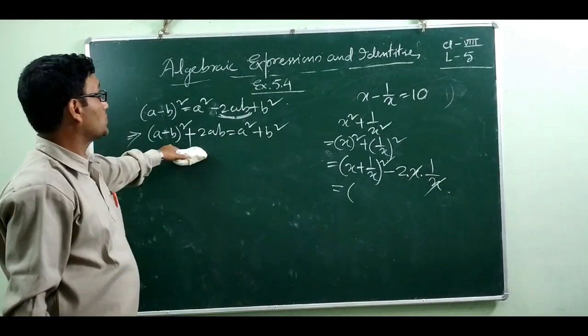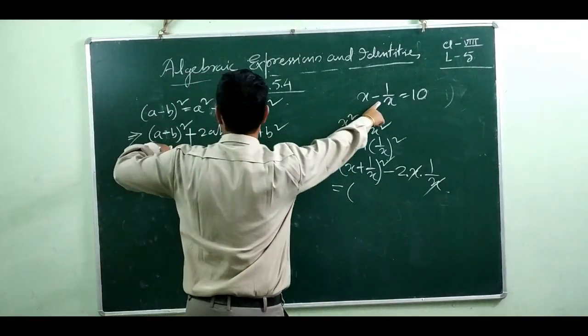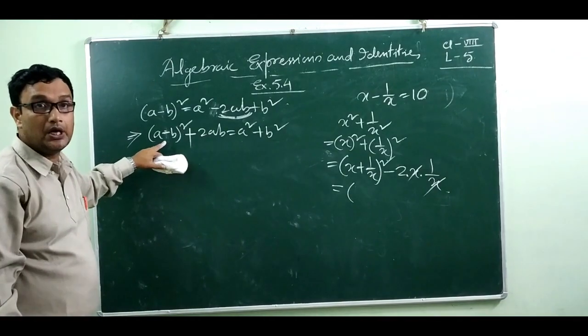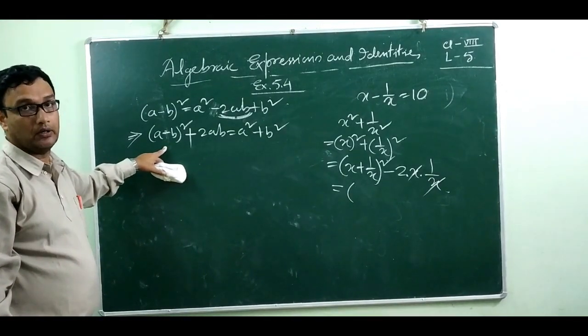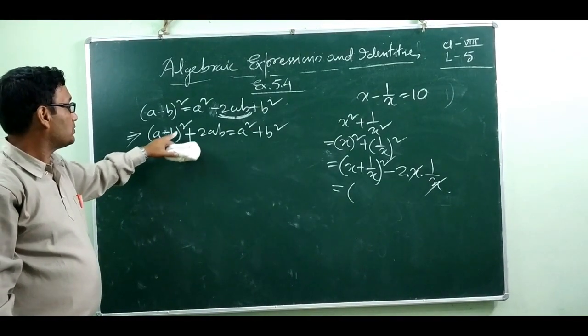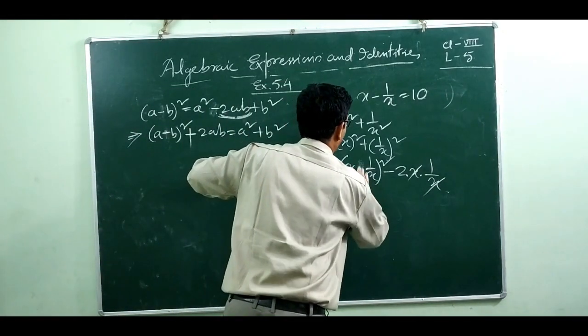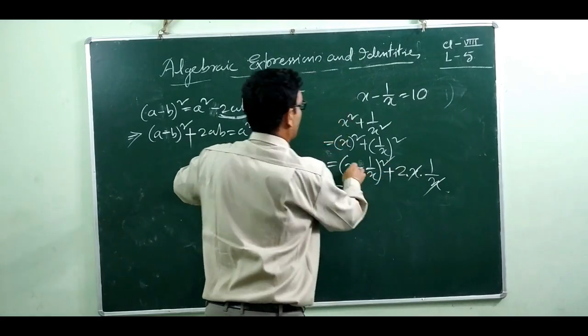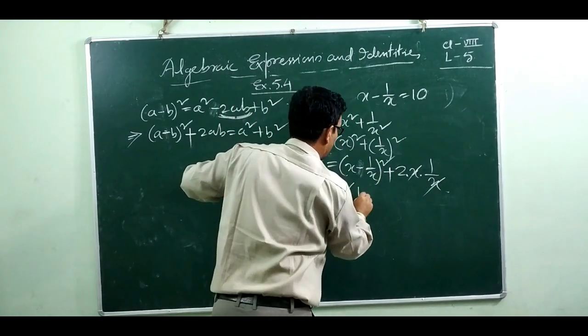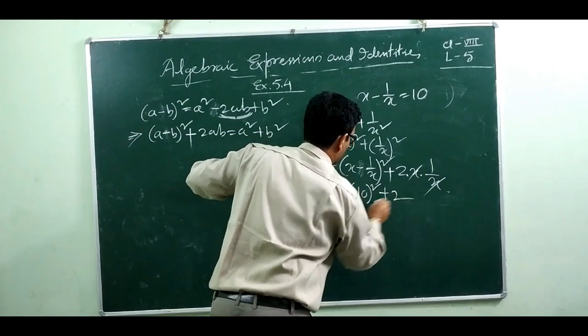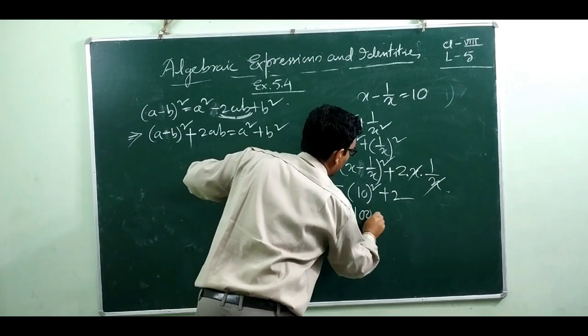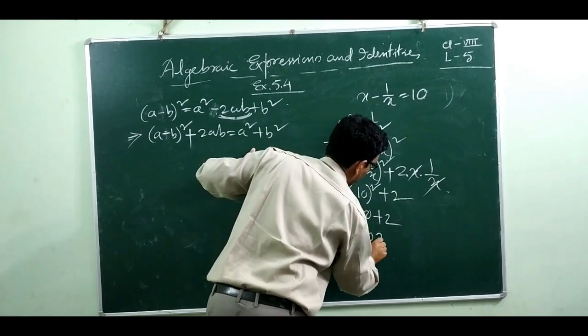So identity 2, that means (a minus b) whole square plus twice ab equals a square plus b square. Here we will write minus, here we will write plus. Now the value of x minus 1 by x is 10. 10 square plus 2: 10 square means 100, plus 2, equals 102.